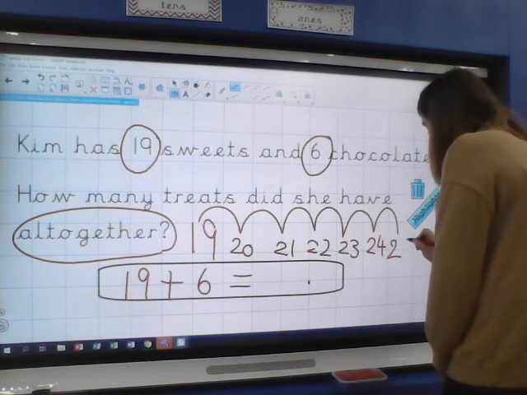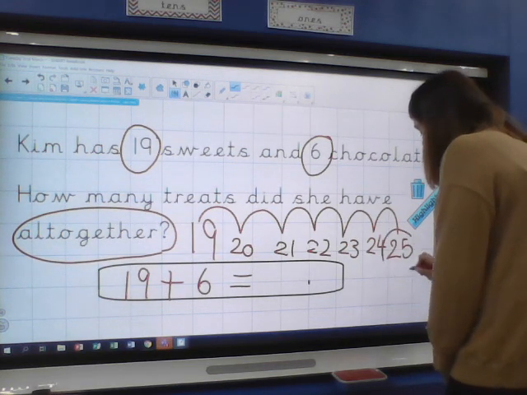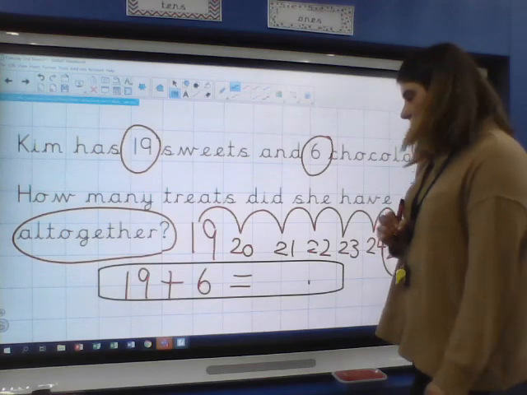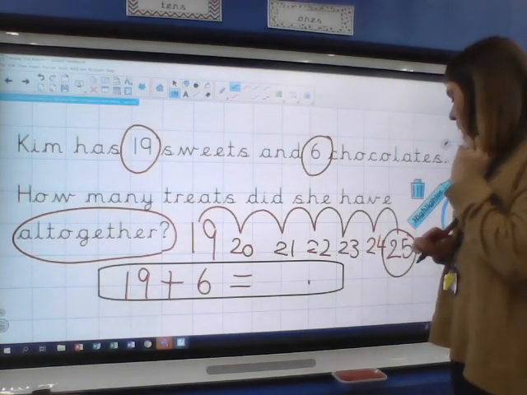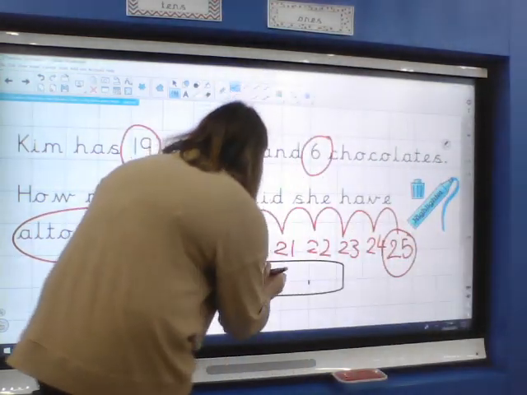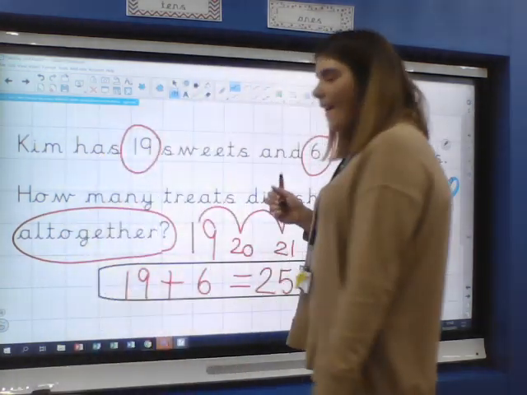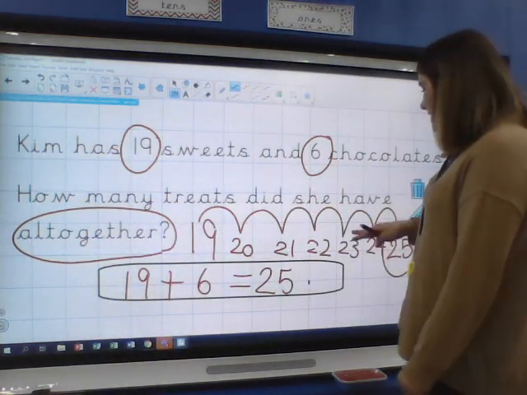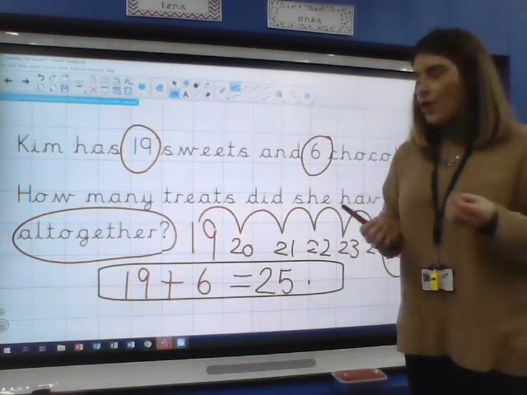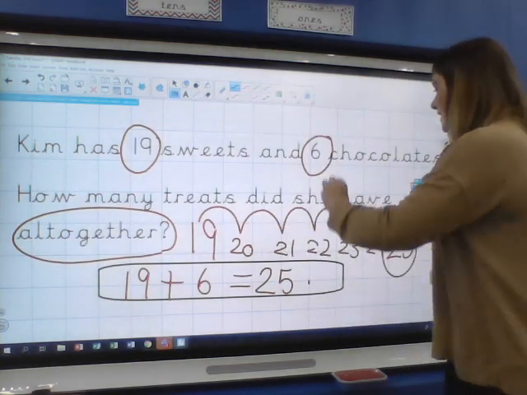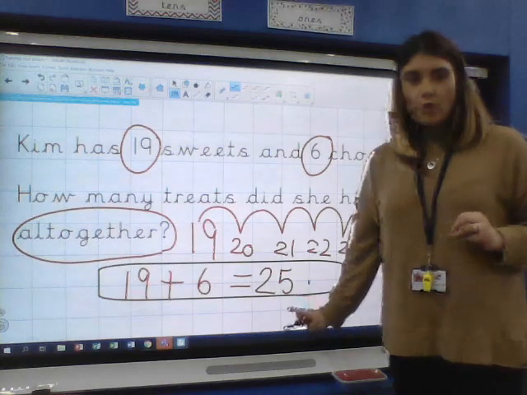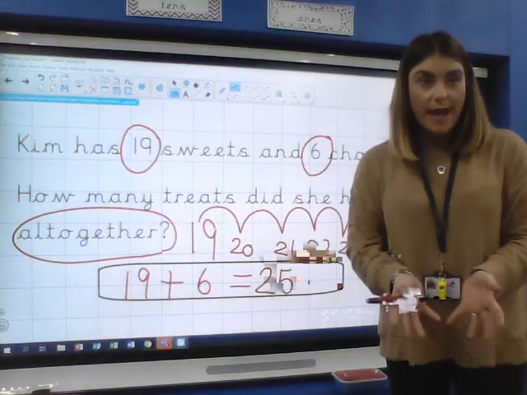And the number that I land on will give me my answer. We could also do that in our head. So 19 and 6 more is 25. So I now know that the answer to my problem is 25. Kim would have 25 treats altogether. Her 19 sweets and her 6 chocolates would total 25 altogether.